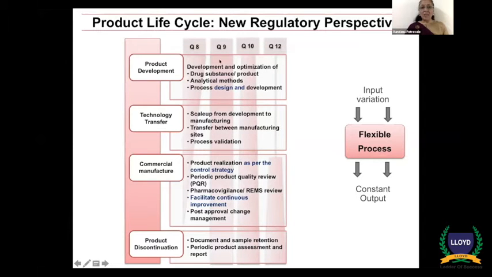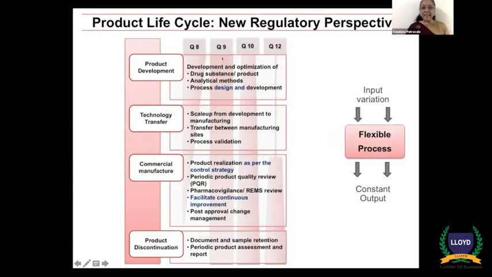Now, what you can see here in shaded areas is I have highlighted the ICH guidelines. ICH guidelines Q8, 9, 10, 12, all of them deal with product development. And you can see that some guidelines are broad throughout, like Q9 is broad throughout.